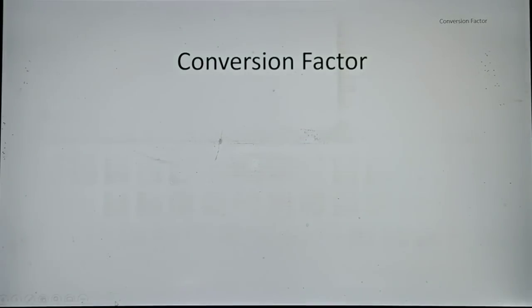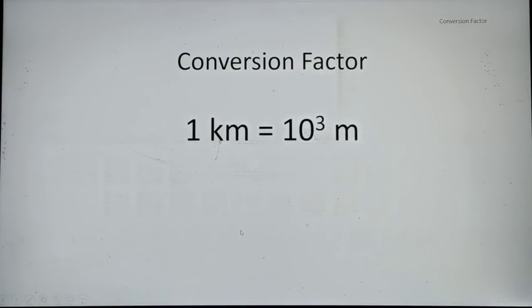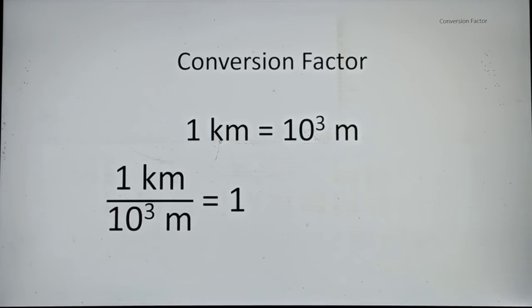In converting a measure from one unit to another, a conversion factor is necessary. The given measure with the given unit should be multiplied with the conversion factor to obtain the measure with the required unit. Example, 1 kilometer equals 10 to the third power meters. This means 1 kilometer divided by 10 to the third power meters is equal to 1.